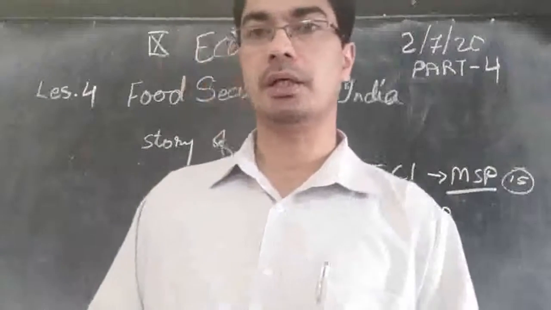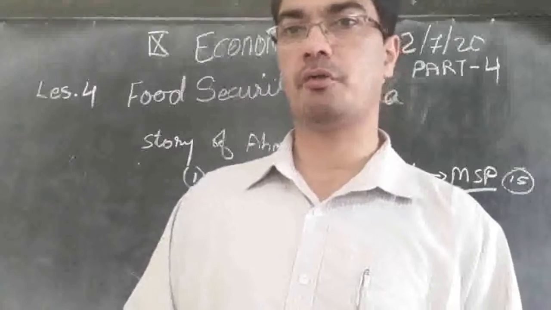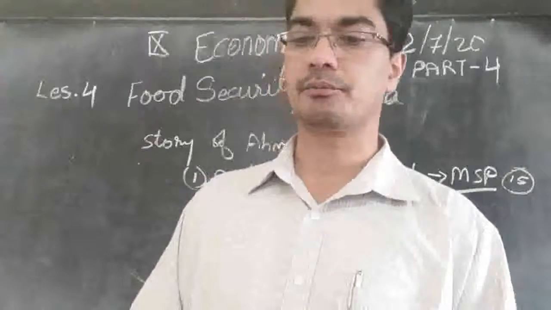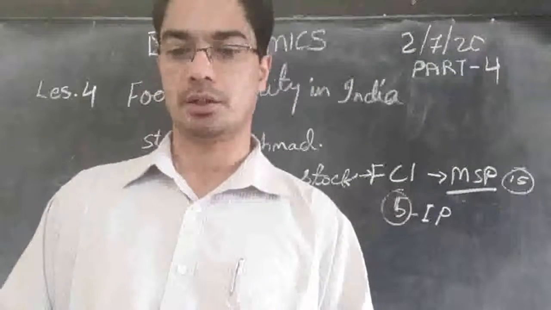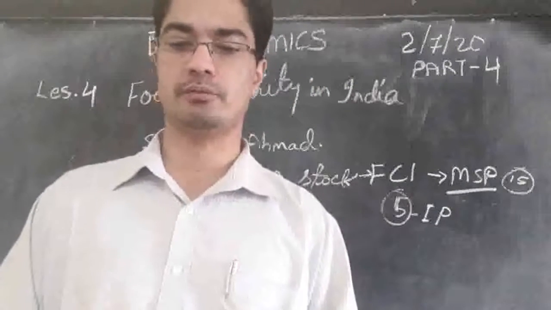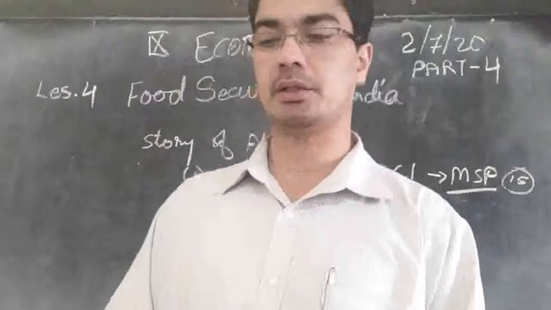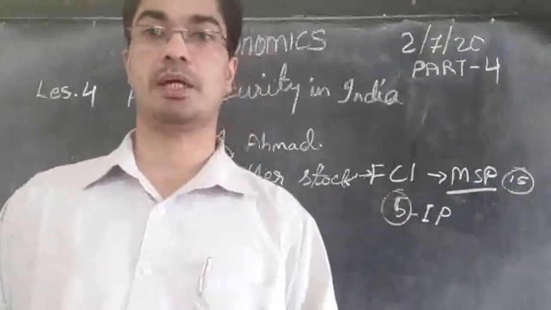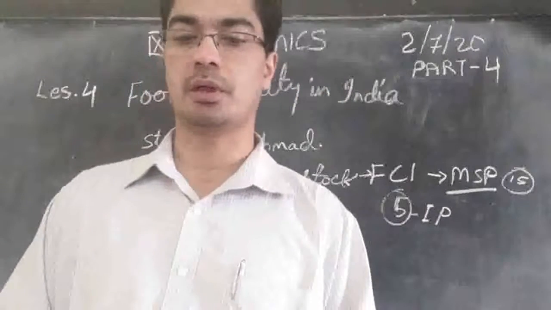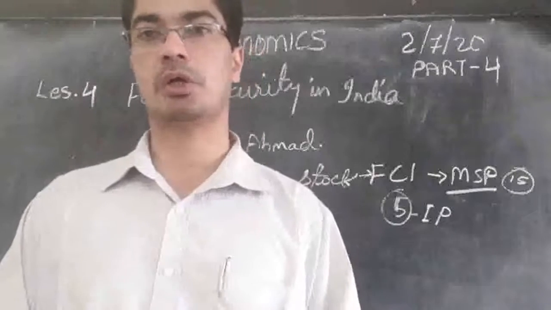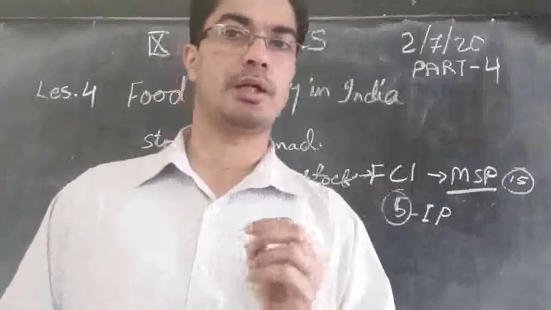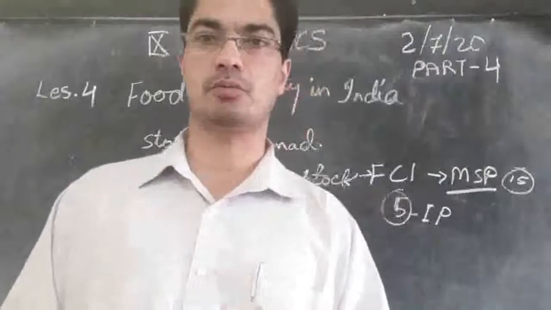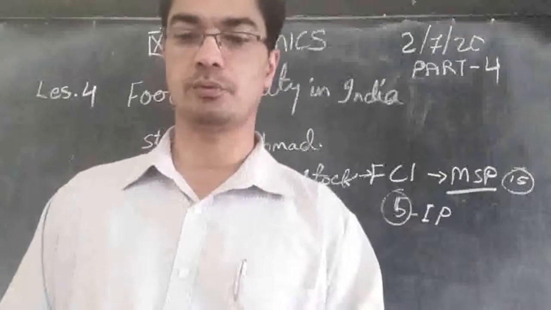In 1943 there was a severe famine in Bengal, and after that the government of India planned that such a famine should not happen again because so many people died, around 30 lakh people died during that famine. So government introduced this ration system providing food for the poor people.